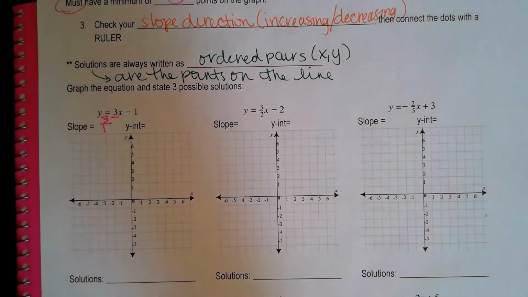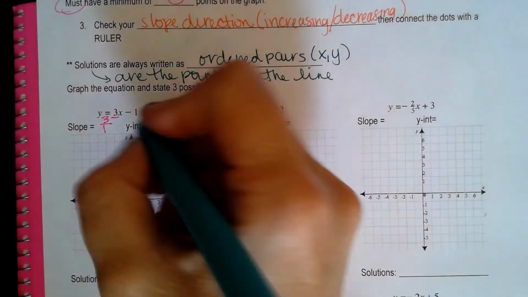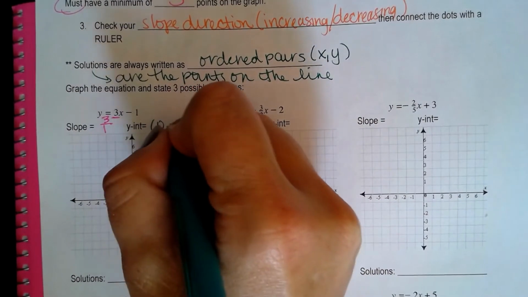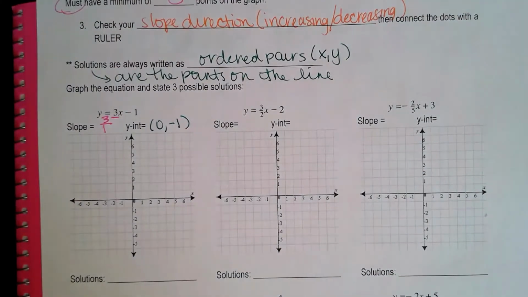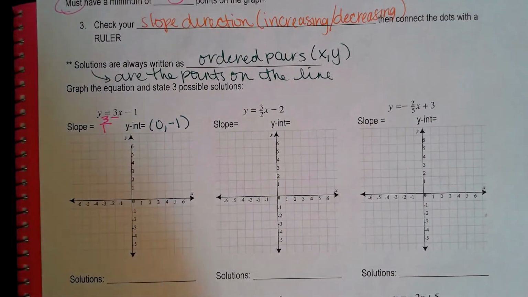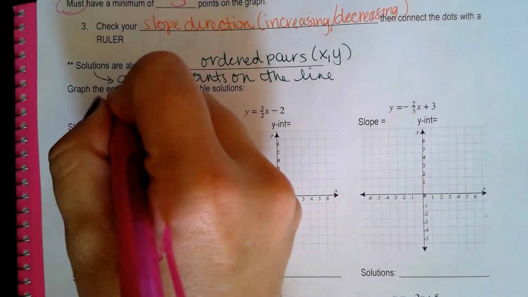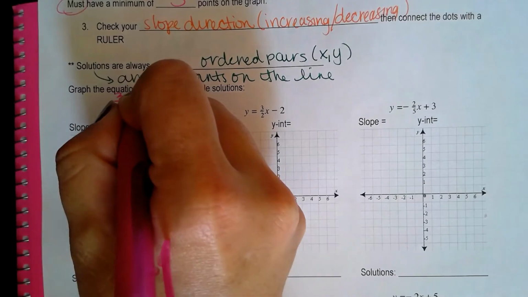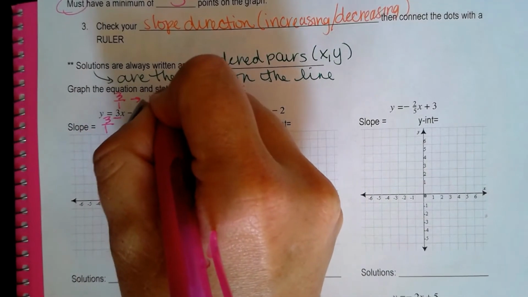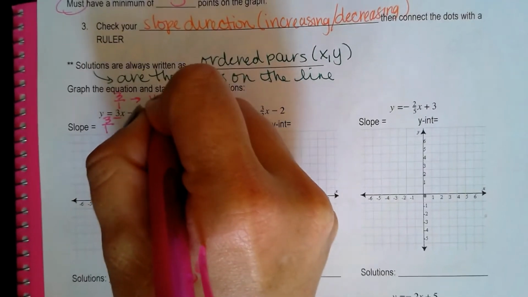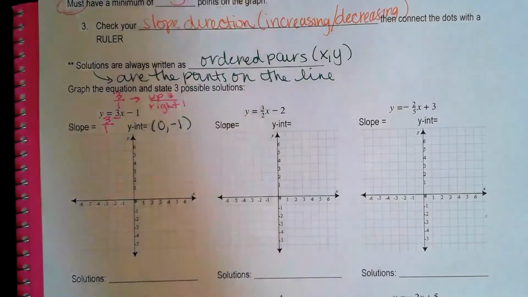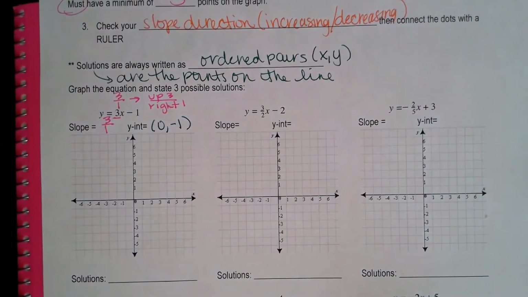And then our y-intercept is at -1, but again, we always write that as a location, which is an ordered pair, so 0, -1. So the slope of 3 over 1 translates into up 3, right 1. Or you could do the opposite, which would be down 3, left 1.